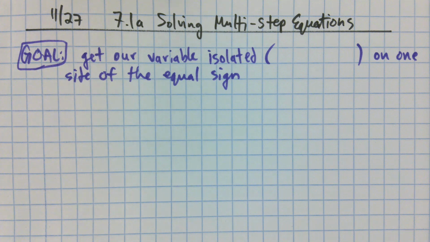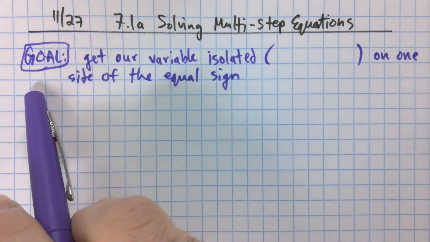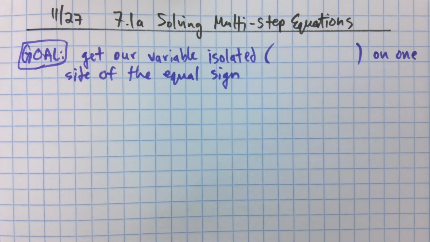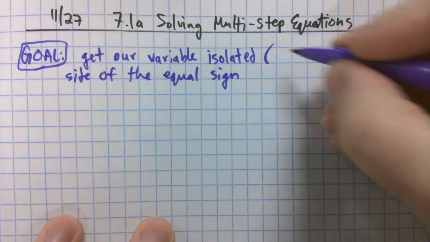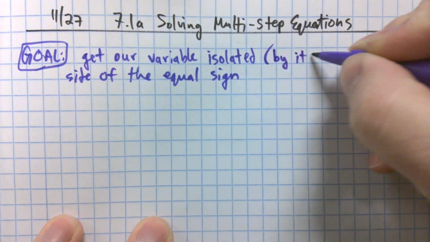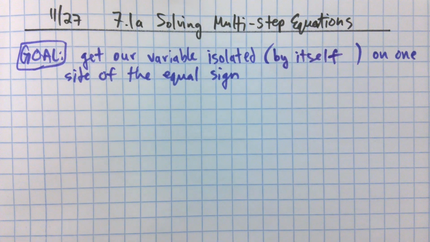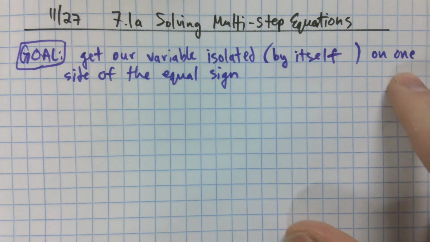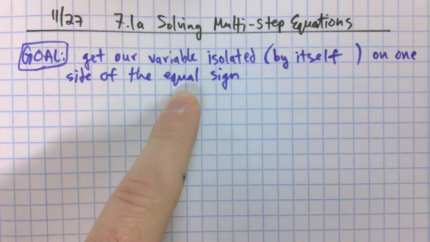So our goal, anytime we're solving an equation, is to get our variable isolated. What does it mean for something to be isolated? By itself. Exactly. We want our variable all alone on one side of the equal sign.